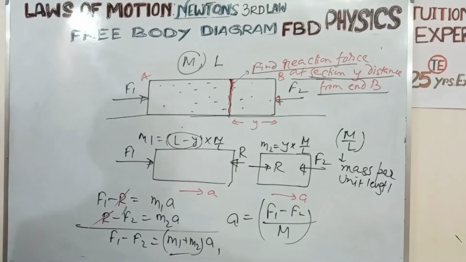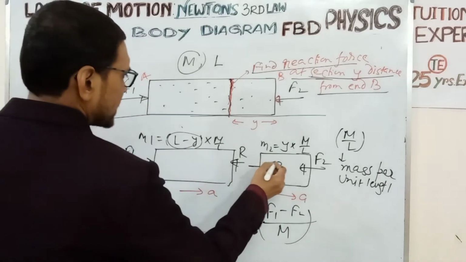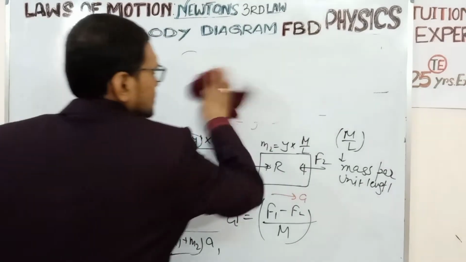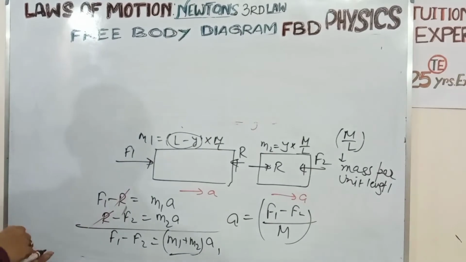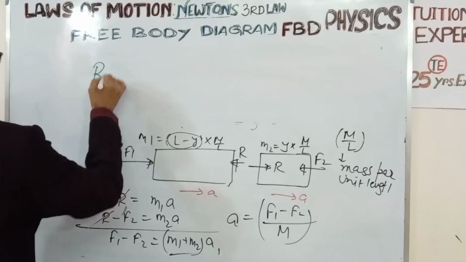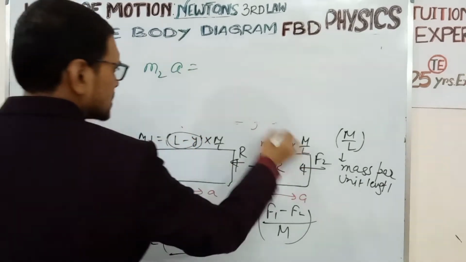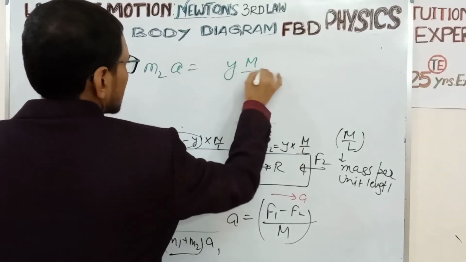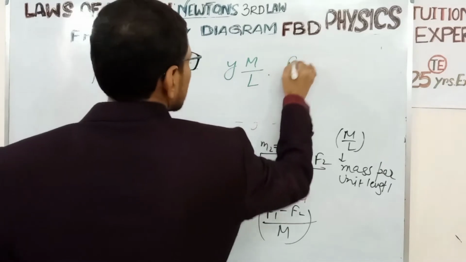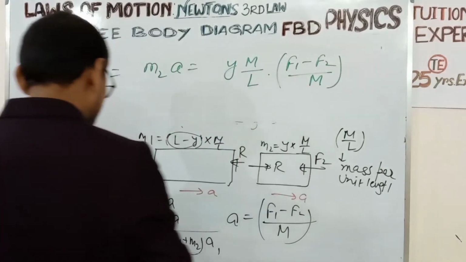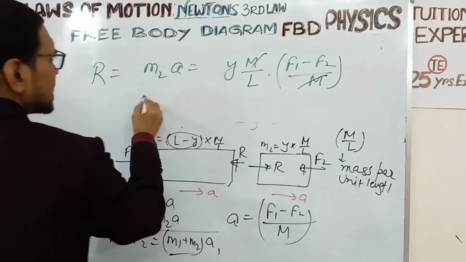Now we have to find R. So what is R? R equal to M2 into a. M2 is this, into a is this. So cancel, so this is the answer.